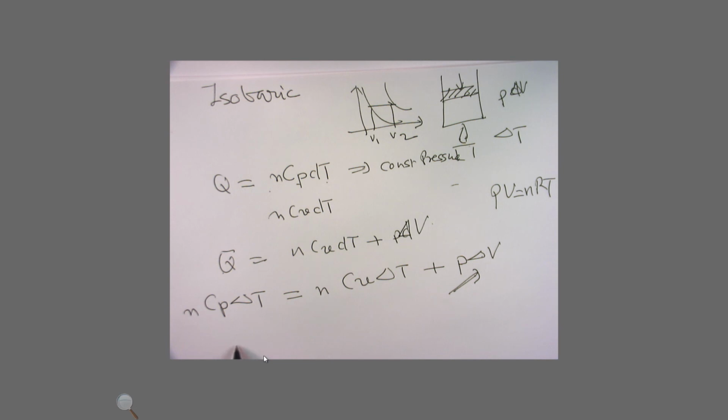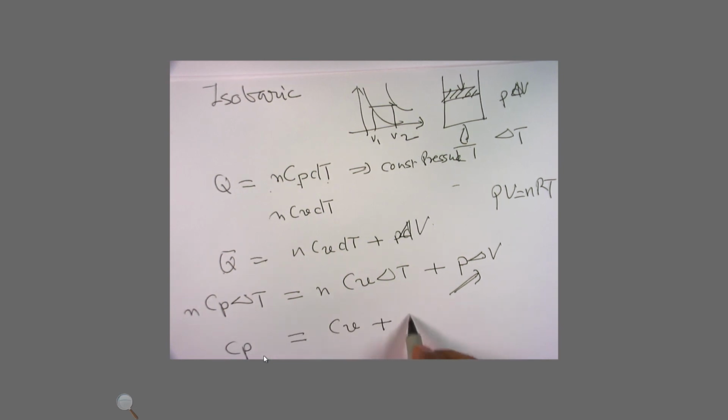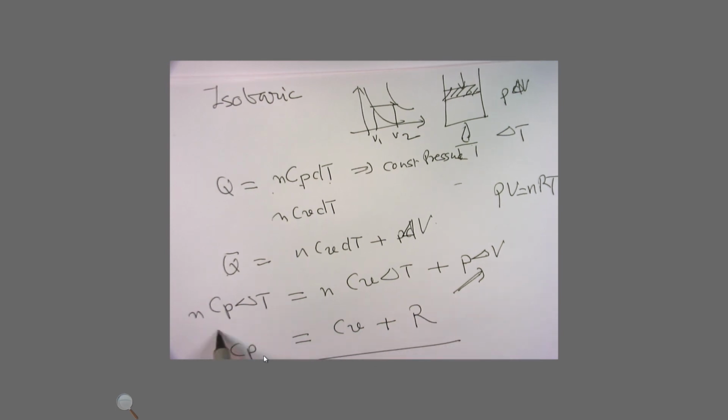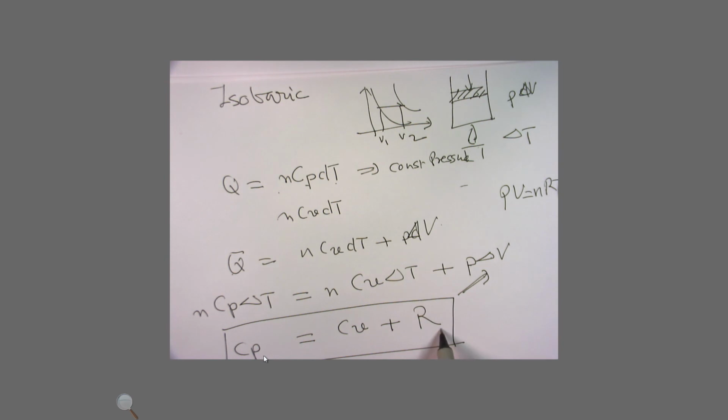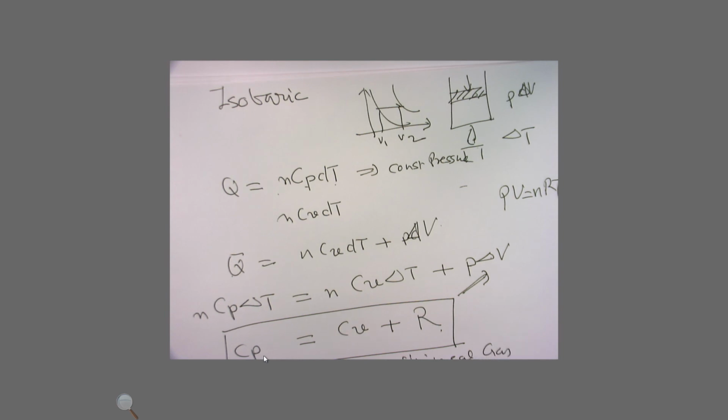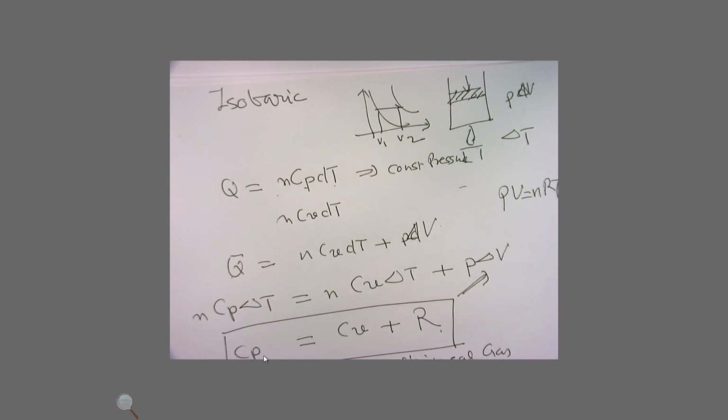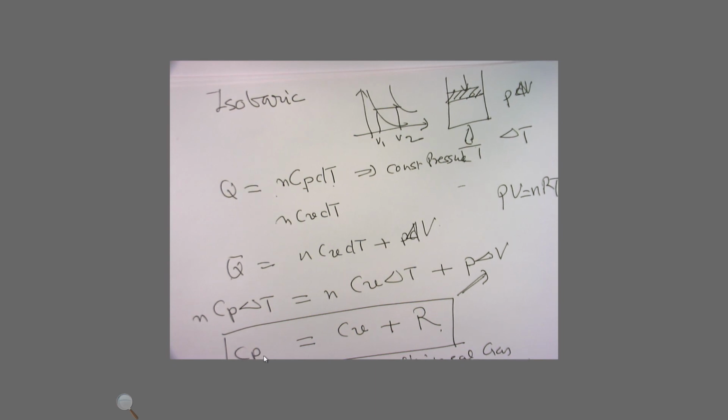What we are left with is Cp is equal to Cv plus R, and that becomes the relationship between the two specific heats and R, which is the universal gas constant. And that is coming from the ideal gas law, which says PV is equal to nRT.